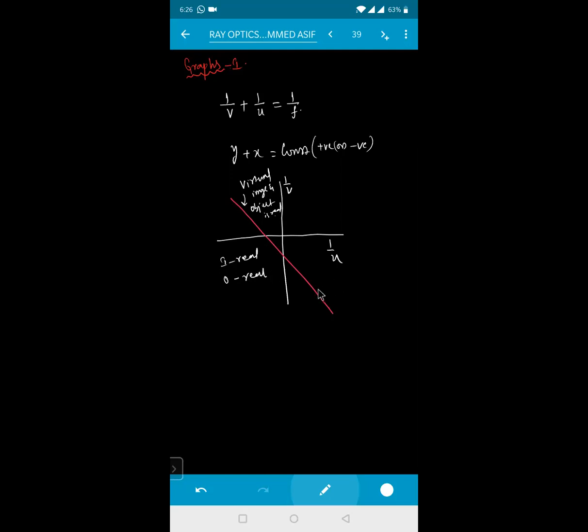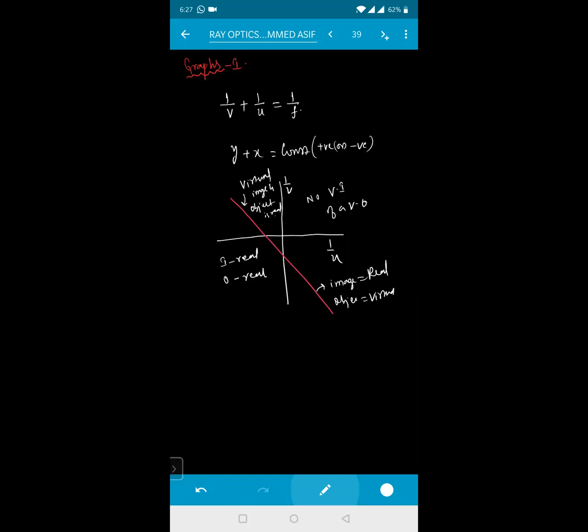Now in the third quadrant, the image will be real and the object will be virtual. In the first quadrant, there is no virtual image of a virtual object.